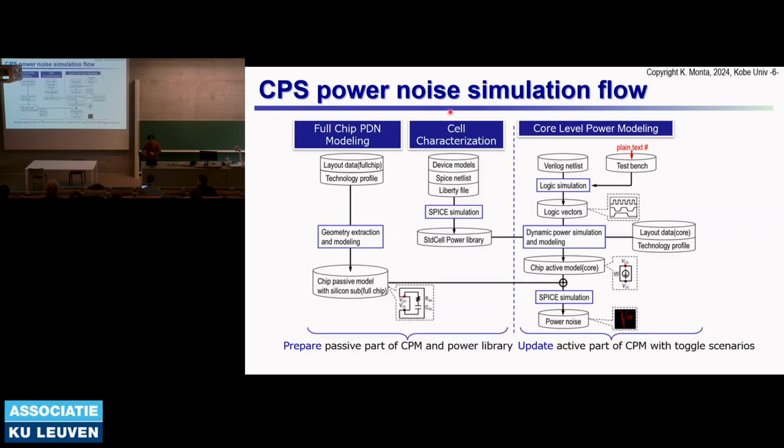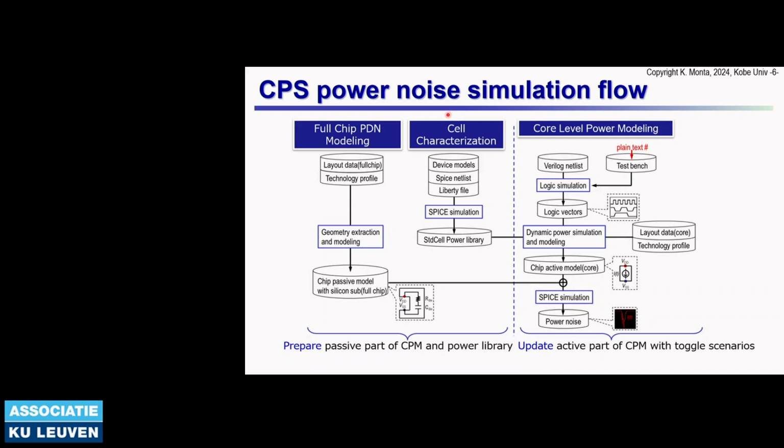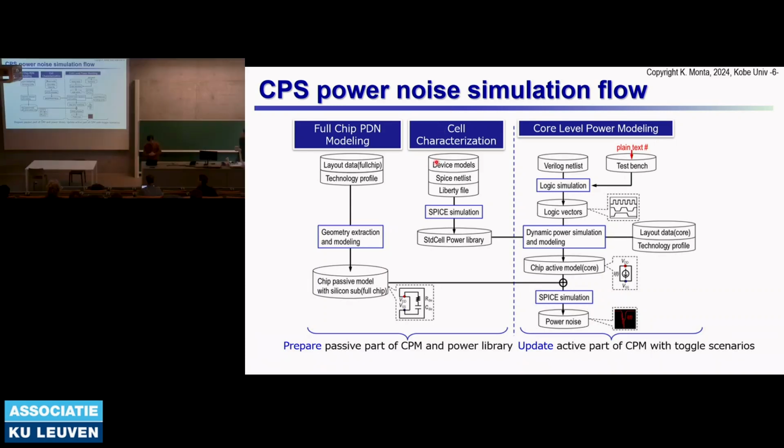We have many different types of noise simulation flow, but I will not go into the detail because Kazuki will show you more detailed things. But this is the so-called simulation flow, and we have three different steps. One is the cell characterization, meaning that your logic design will use standard cells like NAND gates, flip-flops, and so forth.